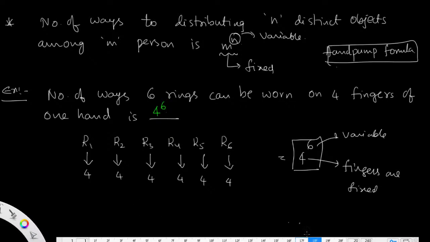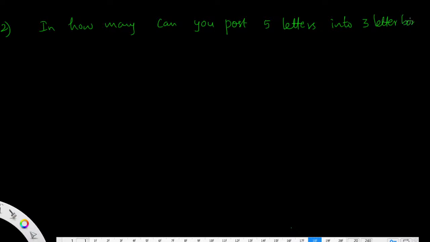Okay, in the same way, next question. Question number 2. In how many ways can you post 5 letters into 3 letter boxes? So what is the formula? Hand pump formula, fixed to variable.